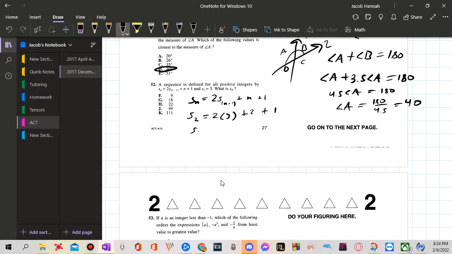And that's going to be S of 2 equals 9. Now we know that. We can do this again, so let's find S of 3. It equals 2 times 9 plus 3 plus 1. So S of 4 is equal to 2 times S of 3, well, S of 3 is 2 times 9, 18, plus 3, 21, plus 1, 22, plus 2 times 22, plus 4, plus 1. And that's going to be 2 times 22, 44, plus 4 is going to be 48, and then plus 1, 49.